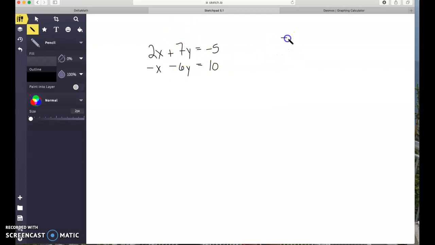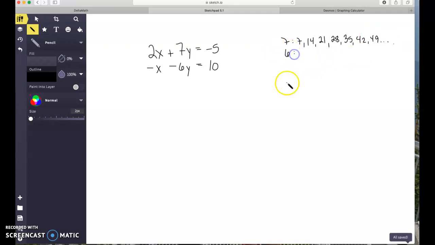And since 7 is prime, you could go off to the side. 7 times 1 is 7. 7 times 2 is 14. 7 times 3 is 21. 7 times 4 is 28. Times 5 is 35. Times 6 is 42. Times 7 is 49, and so on, right? And then you could do the same thing.